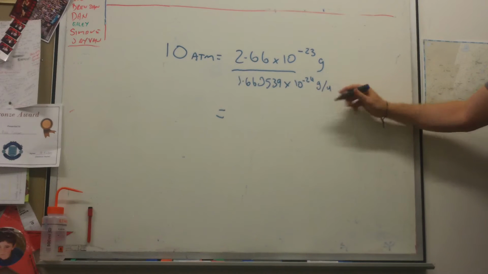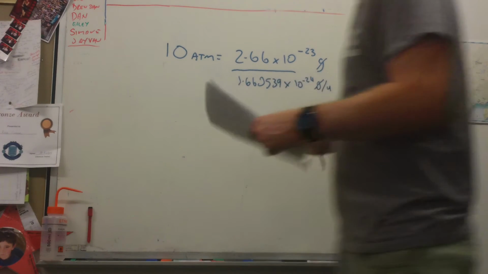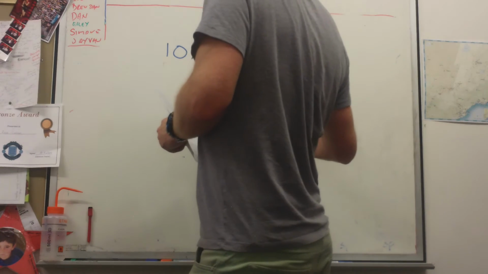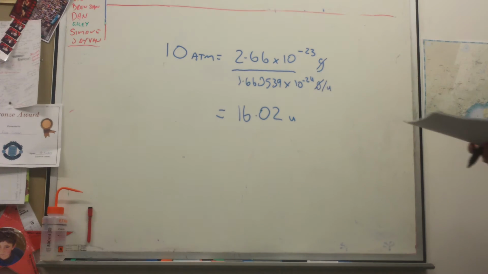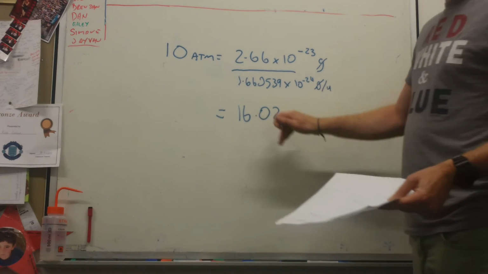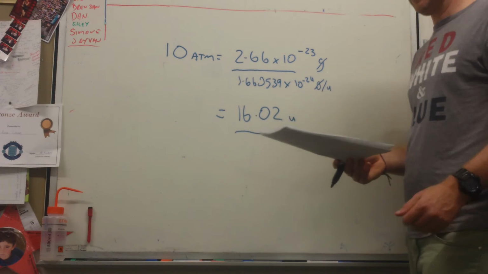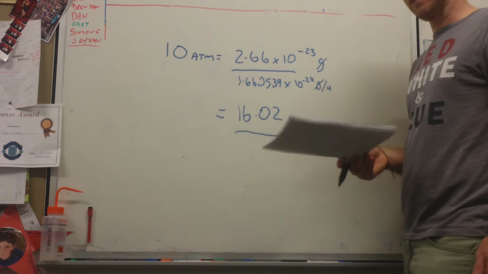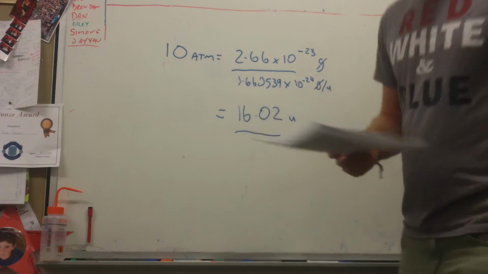They will flip because they're underneath, and our grams will cancel, we'll be left with atomic mass units. If you solve for that, 16.02 AMU, or atomic mass units. This is the value that you'll actually see for 1 oxygen atom in the periodic table. Trial it for bromine and see if you get the same mass that you find in the periodic table, which is part 2 of that question.